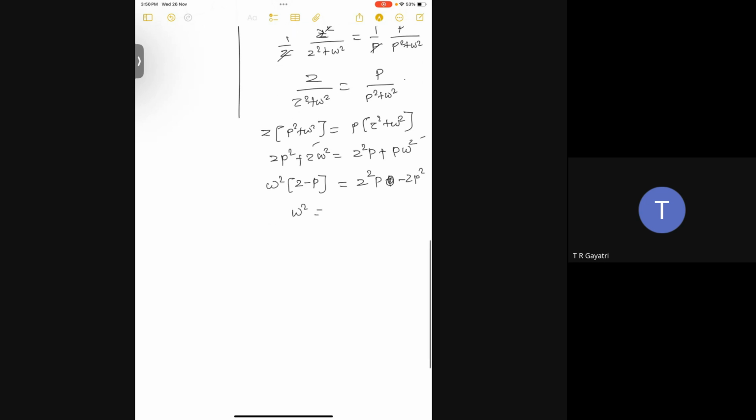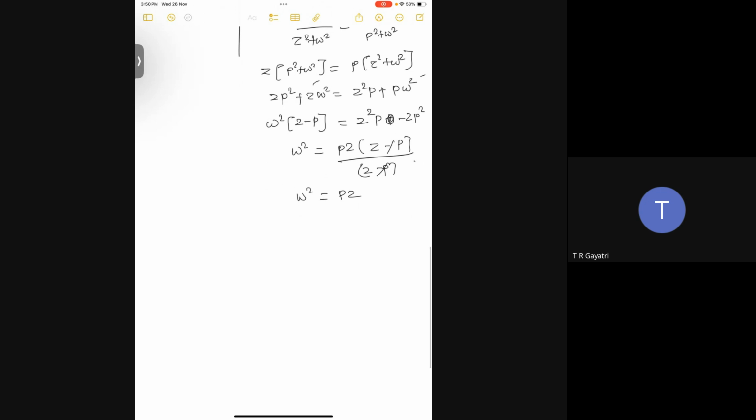So omega square equals, taking pz common, pz times (z minus p) divided by (z minus p). This will get cancelled. Omega square is equal to pz, which can also be written as absolute value of p into absolute value of z.